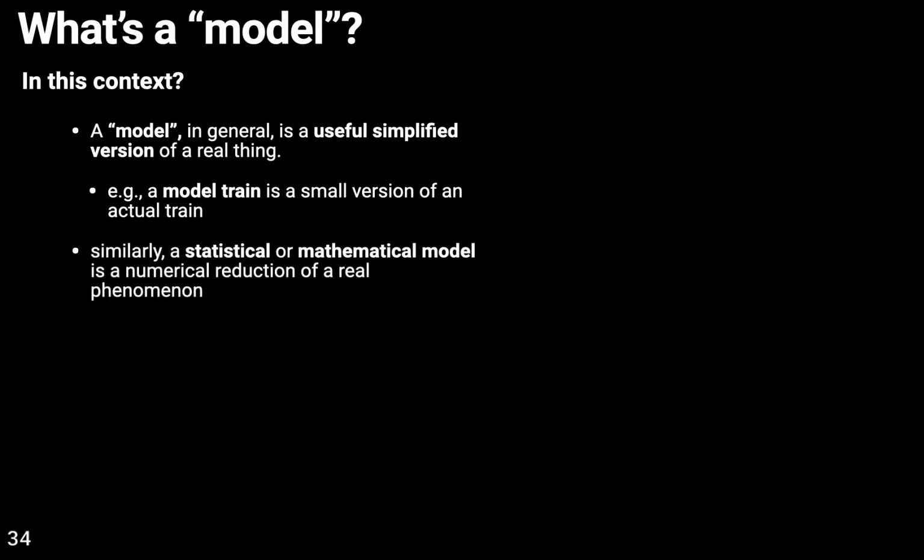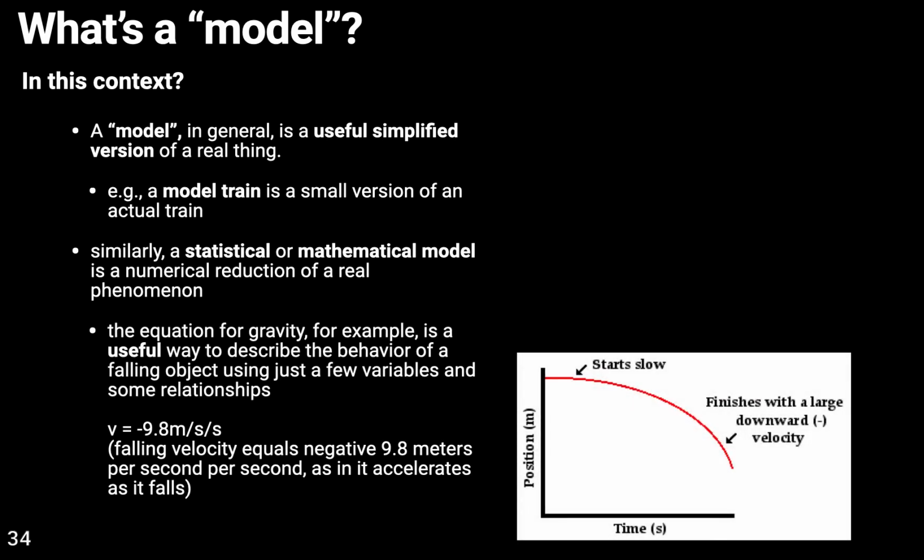Similarly, you may have heard of statistical or mathematical models, scientific models. These are numerical reductions of real-world things, right? So, for example, the equation for gravity. It's a useful, simplified way to describe all behavior of gravity for falling objects using just a couple of variables and some relationships, right?